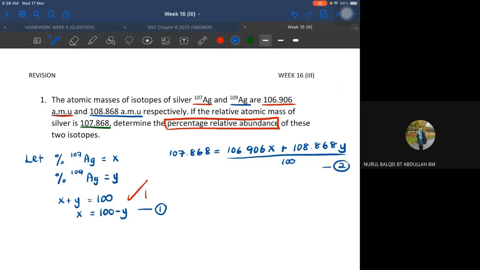Okay, and then we are going to substitute sebab now at the moment kita ada these two unknown. Kita akan substitute one of them 1 into 2. So subs 1 into 2.